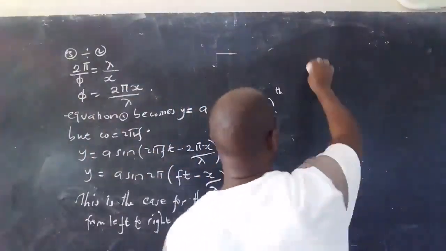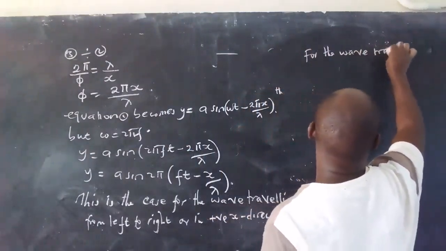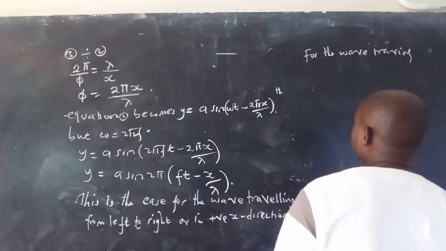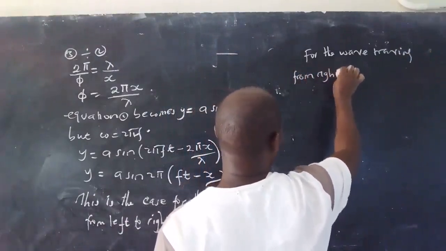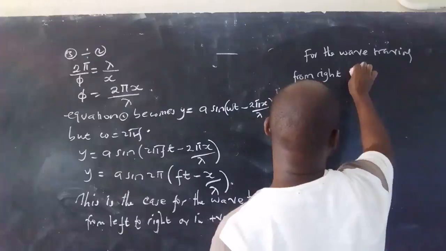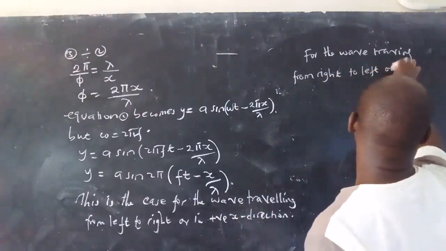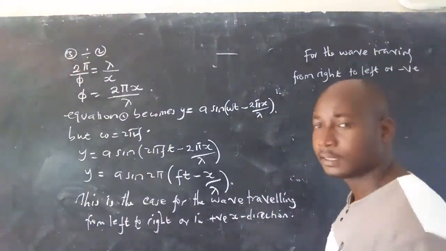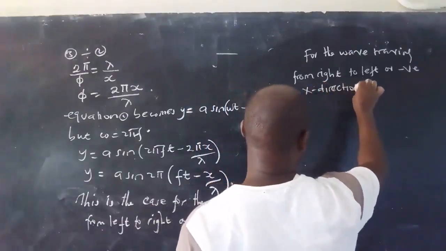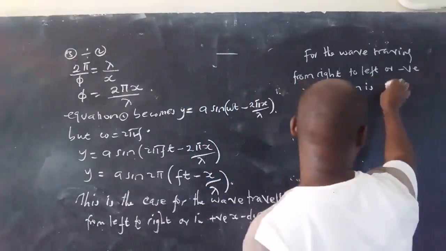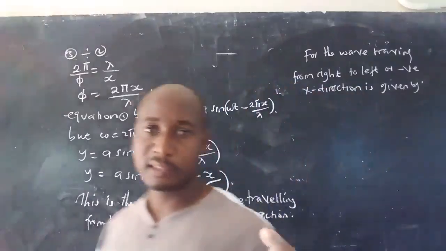Then for the wave traveling from right to left, or in the negative x direction, it is given by, we take minus phi becoming plus phi, because it is in the negative x direction.